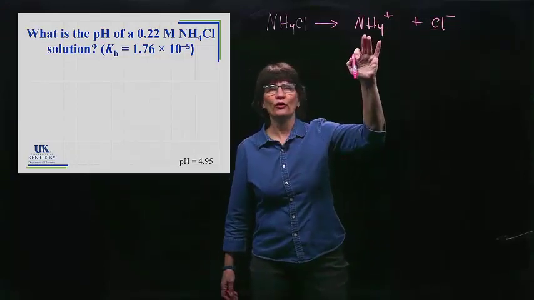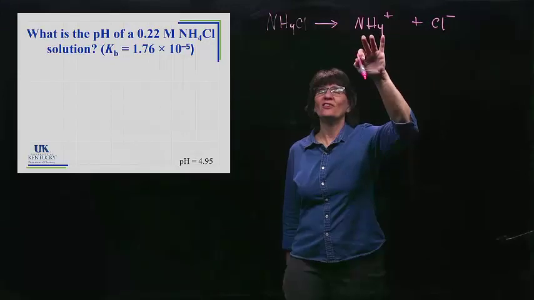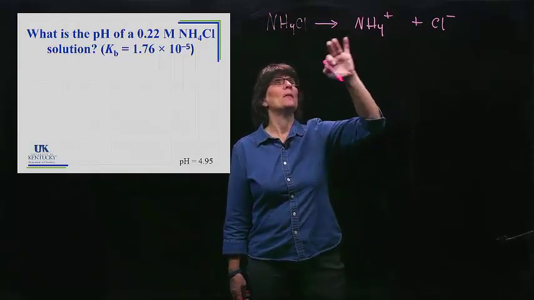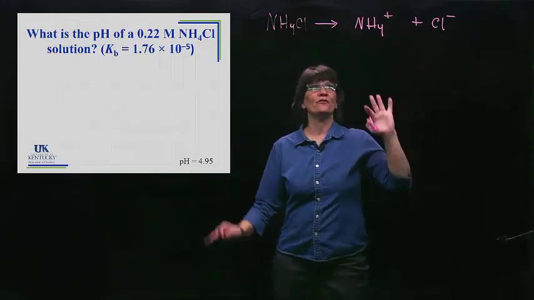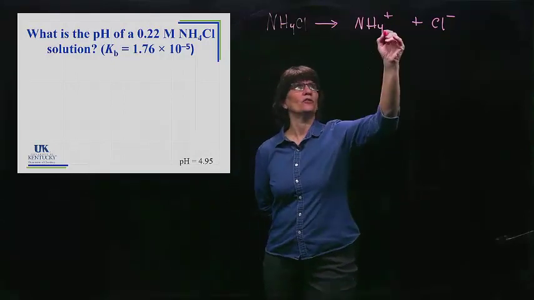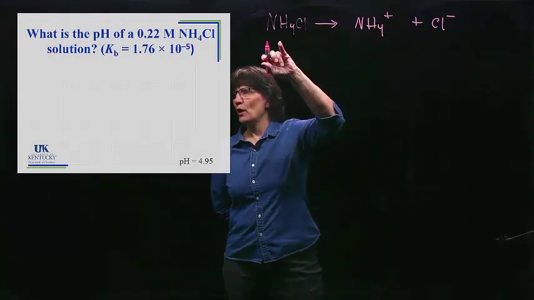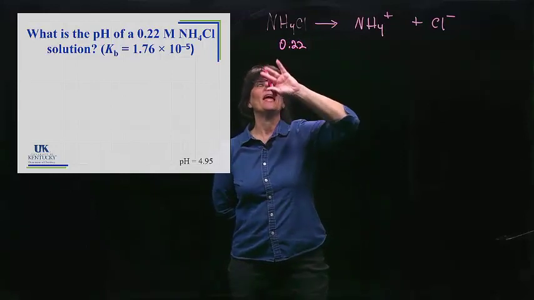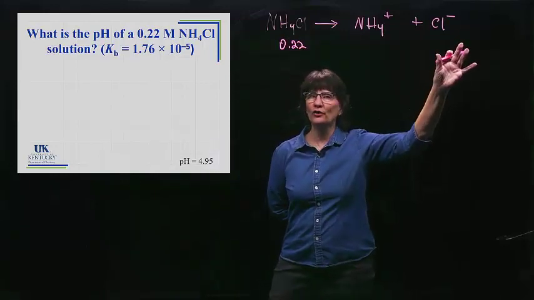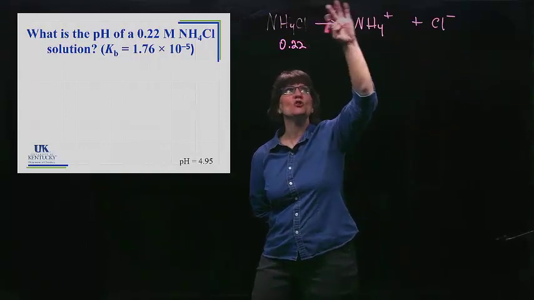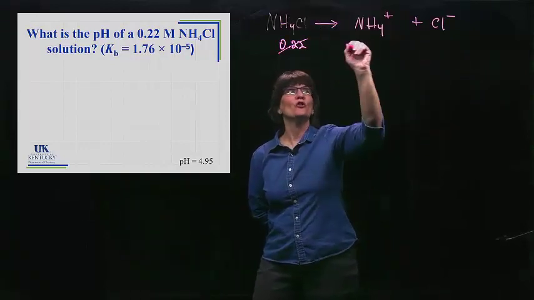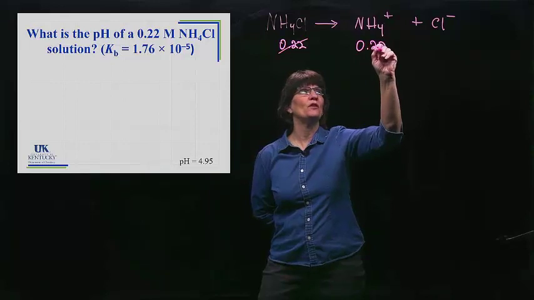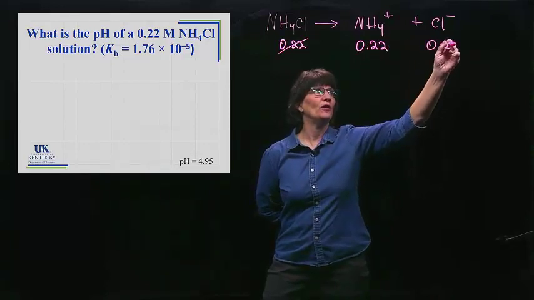Now we have worked through in the previous work that this is an acid, so we'll just go on as if we'd already talked through this. We know that this is a one-way reaction, so if we put 0.22 molar in, it 100% breaks apart into these ions. For every one of these, you make one of these. So this goes away, and we have 0.22 of this and 0.22 of this.